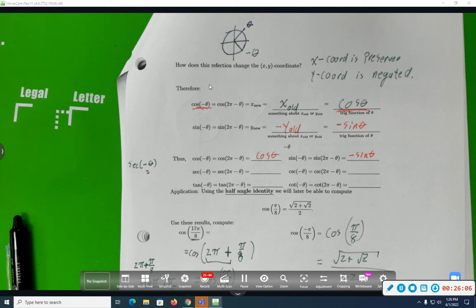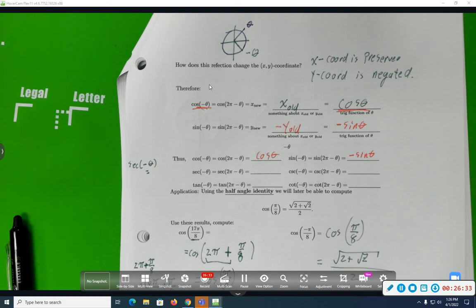So maybe it would be appropriate for me to take some more board space and just remind everyone what tangent, secant, cotangent, cosecant are in terms of sine and cosine. And this podium is a tragedy. So secant is 1 over cosine.